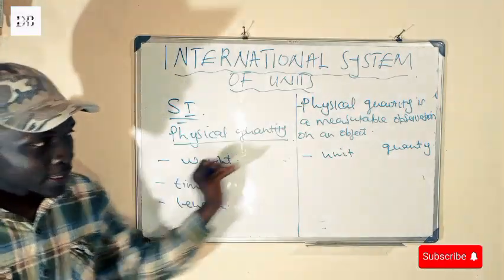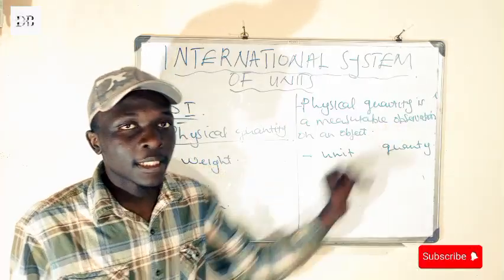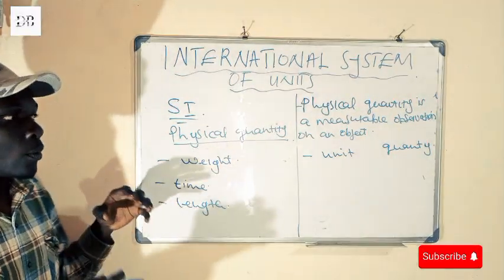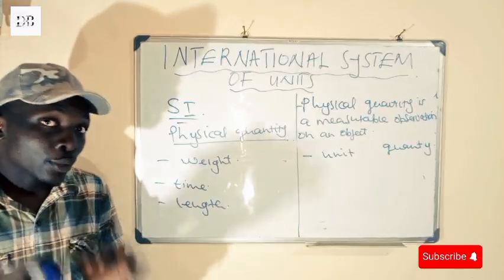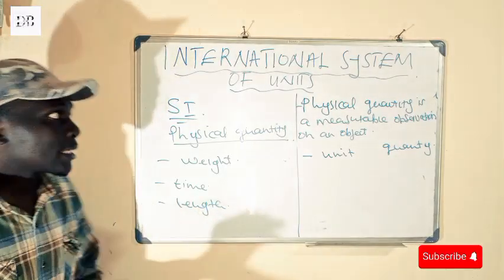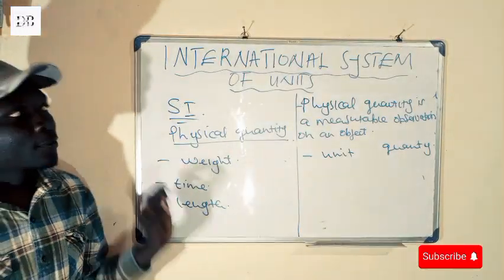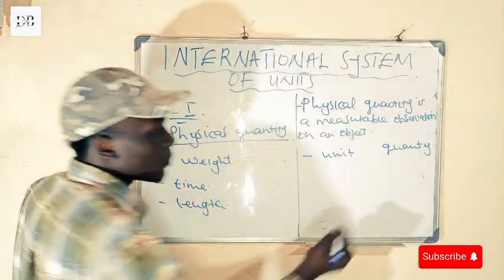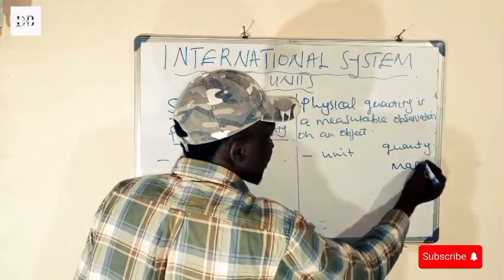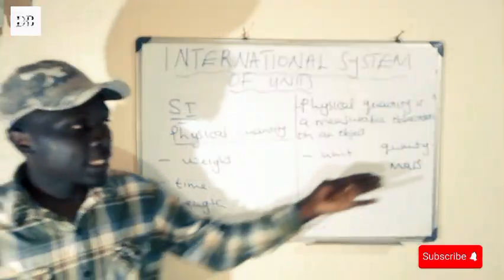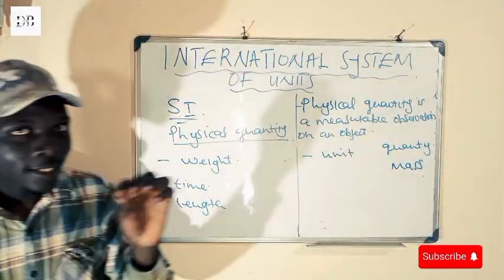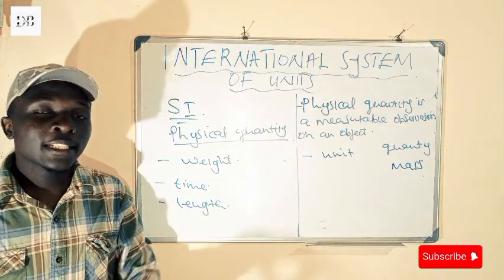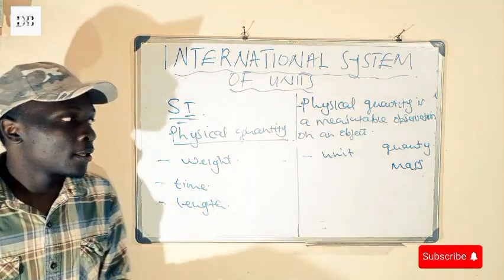Why we need to know the SI units in which it is measured is because there are different units you can use for the same quantity. So for the international system of units, you'd need to only have one unit. For example, if I'm looking at mass being my quantity here, it can be measured in grams, in kilograms, it can also be measured in tons.